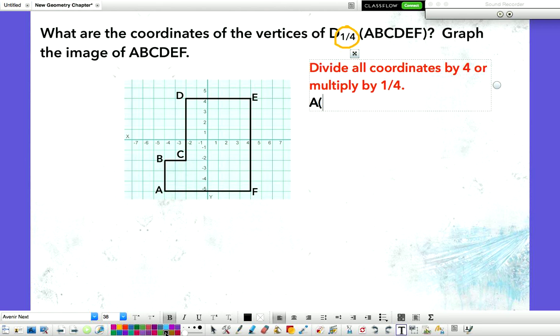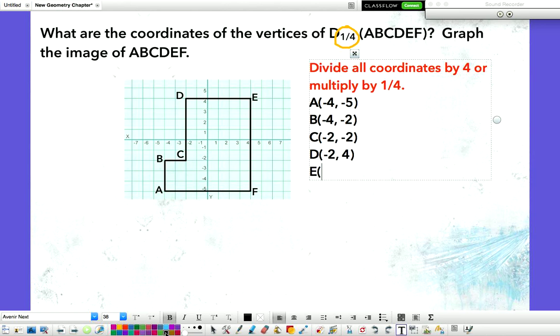A is negative 4, negative 5. B is negative 4, negative 2. C is negative 2, negative 2. D is -2, 4.